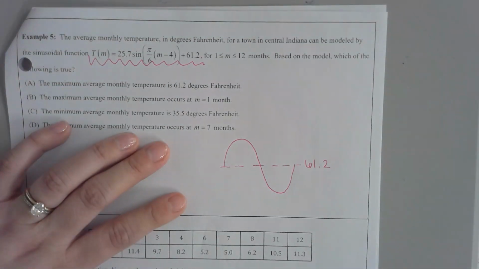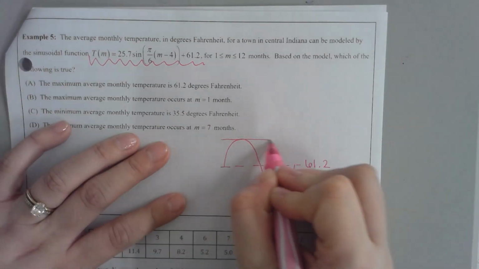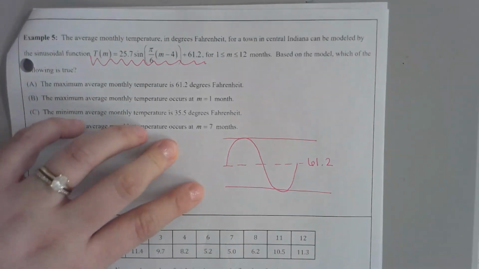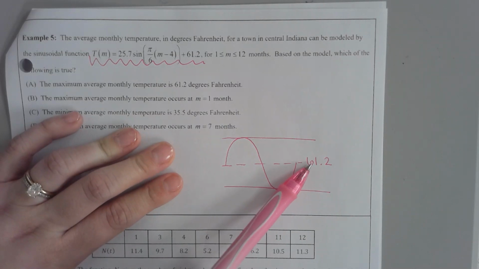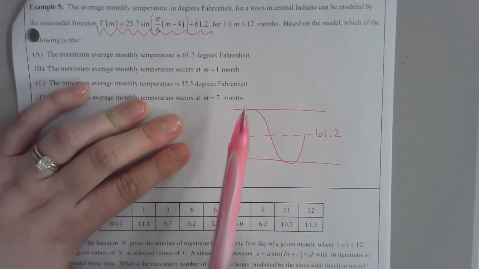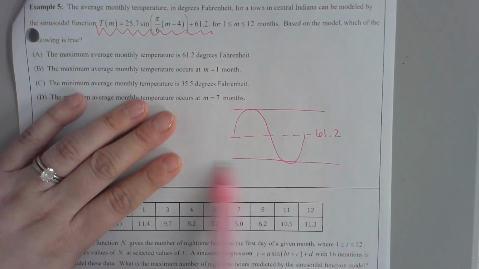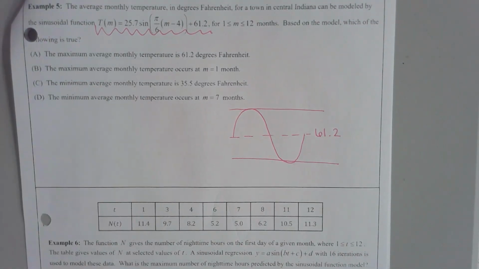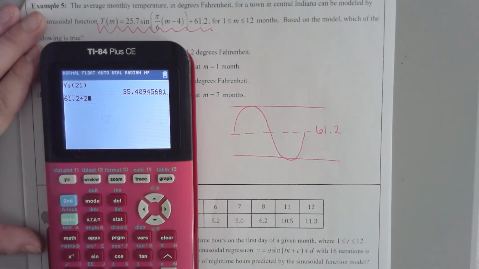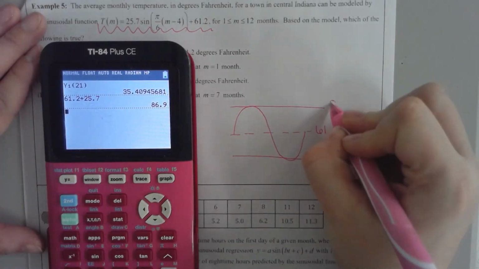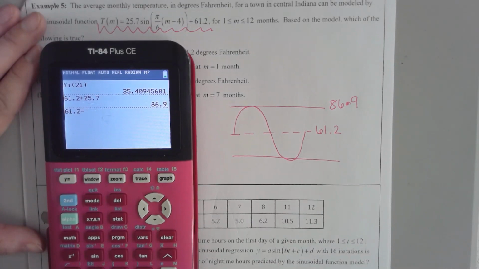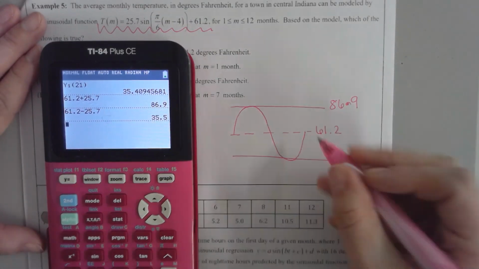And the amplitude is 25.7, which means if I count up 25.7, I'll be at this height. If I count down 25.7, I'll be down there. So 61.2 plus 25.7 gets me up here, and 61.2 minus 25.7 gets me down here.